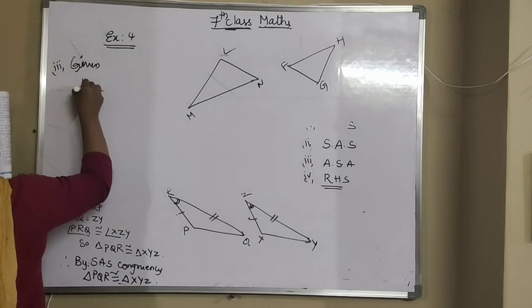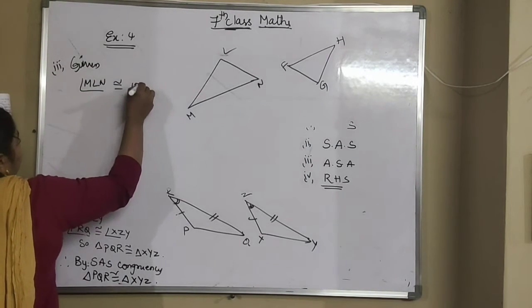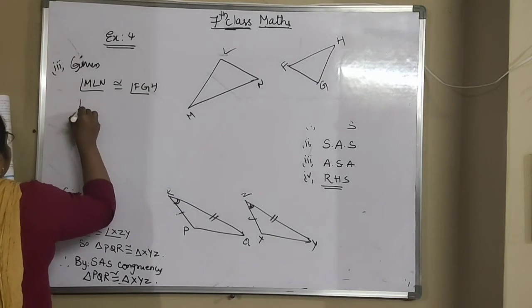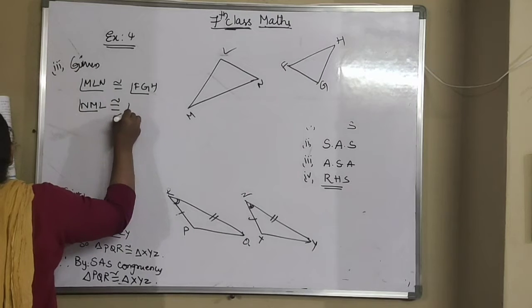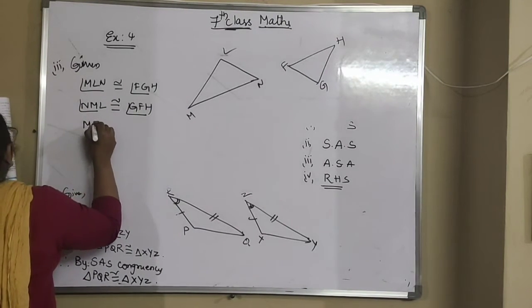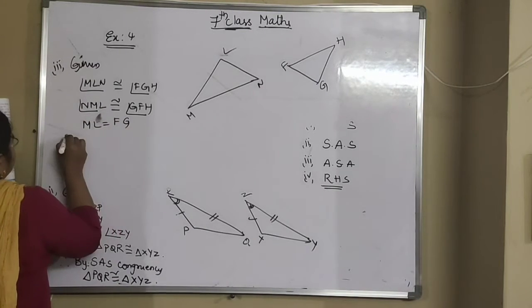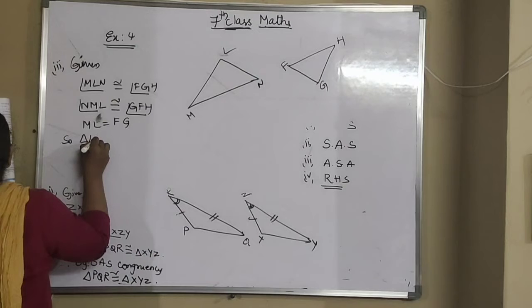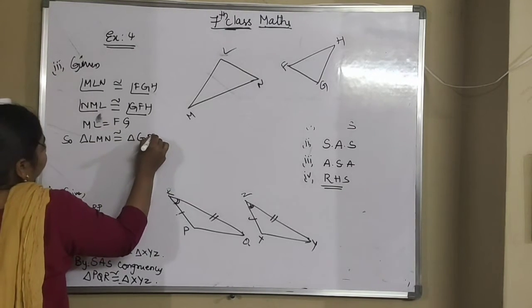Given angle MLN is congruent to angle FGH. Angle NML is congruent to angle GFH. And they have given ML is equal to FG. So they are telling triangle LMN is congruent to triangle GFH.